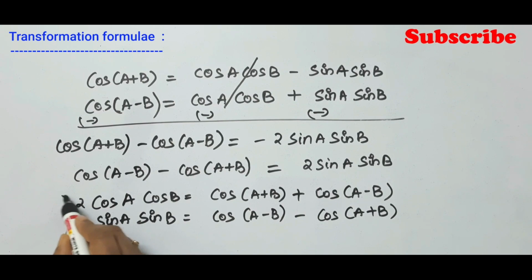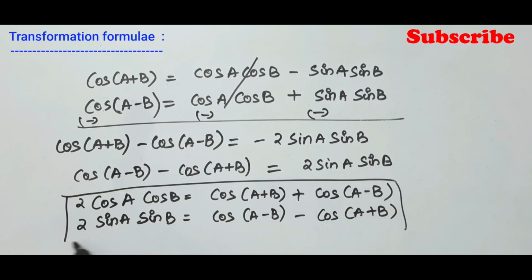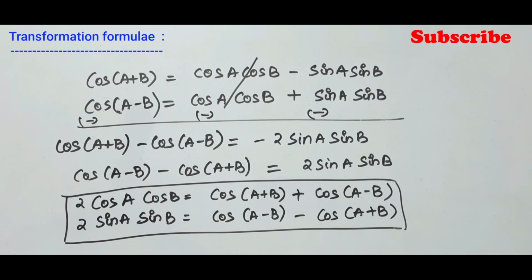So these two formulas we got by adding and subtracting cos of a plus b and cos of a minus b. From these two formulae, it is clear that when you see a product of two cos or two sines, they can be expressed as the sum of cosines or difference of cosines. Okay, this is nothing but another set of transformation formulae.